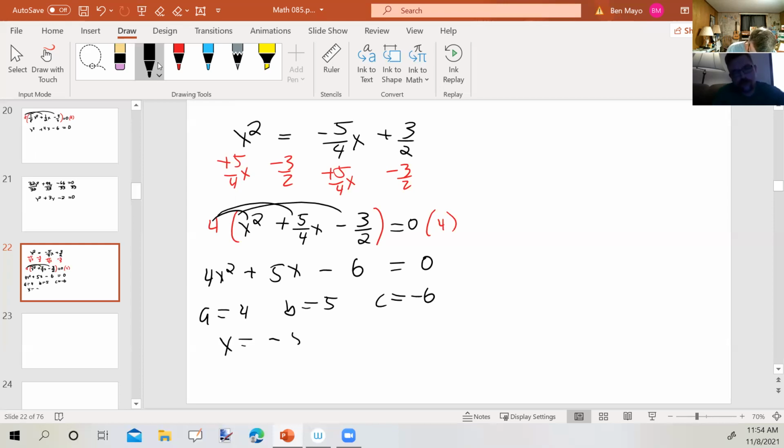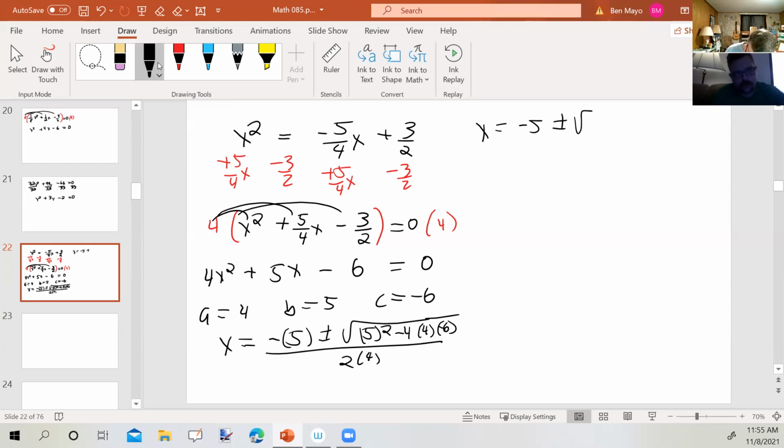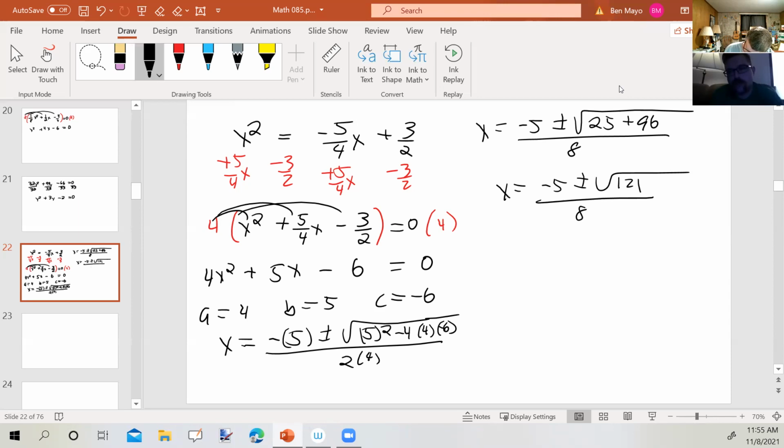X equals negative B plus or minus the square root of B squared minus 4AC all over 2A. X equals negative 5 plus or minus the square root of 25 plus 96. Negative times negative is positive. 4 times 4 is 16, times 6 is 96, all over 8. X equals negative 5 plus or minus the square root of 121, all over 8.